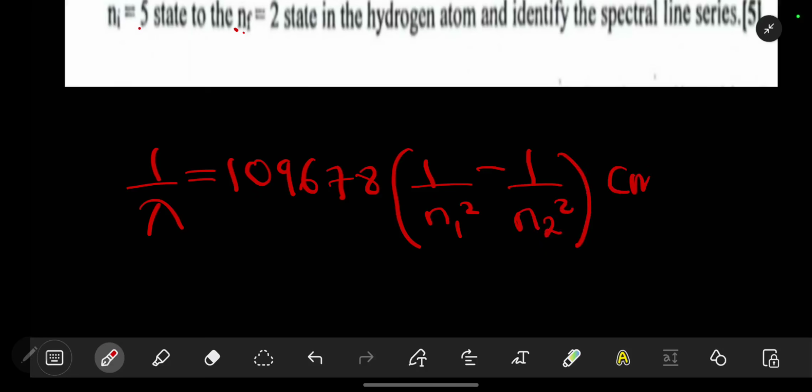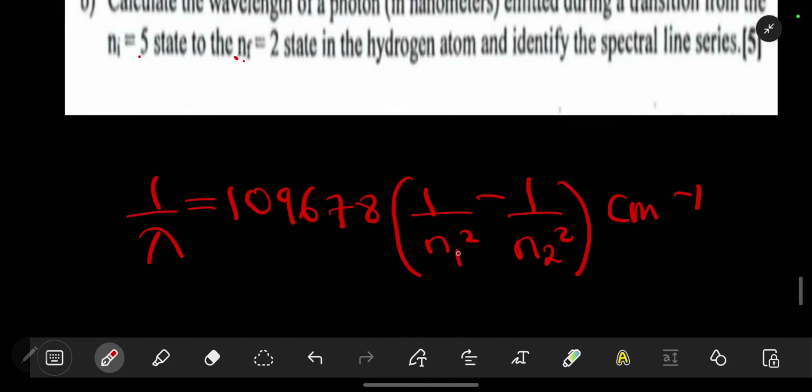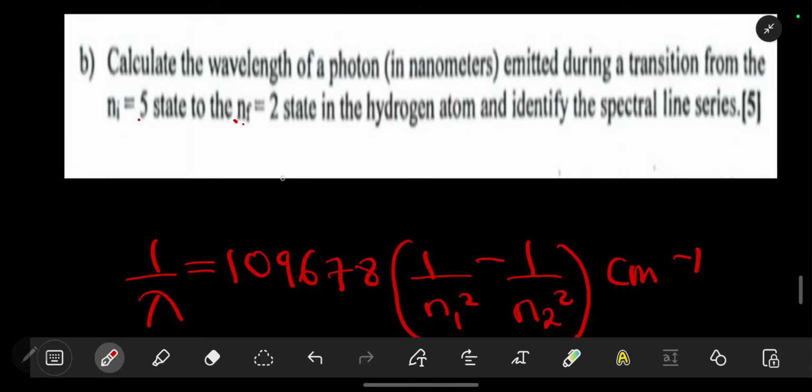Now remember, the wavelength can never be negative, and if we look at n1, it already is 5, and 1 over 5 is less than 1 over 2. So if you subtract these, you are going to get a negative.